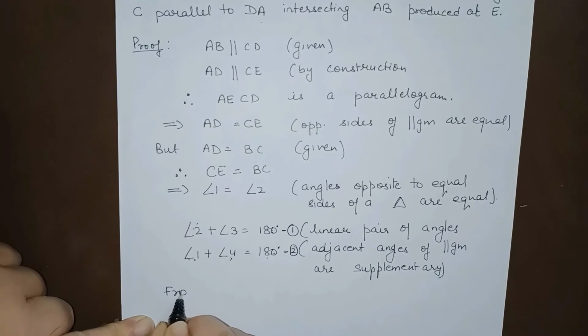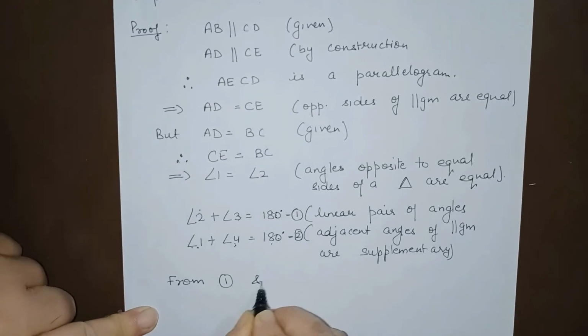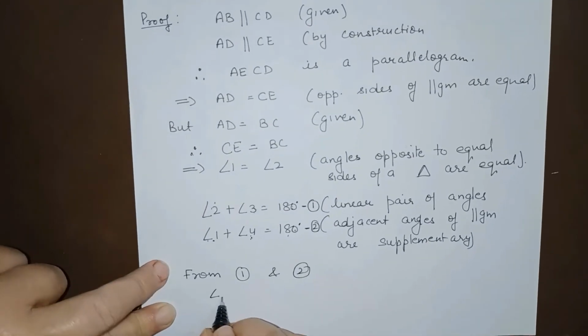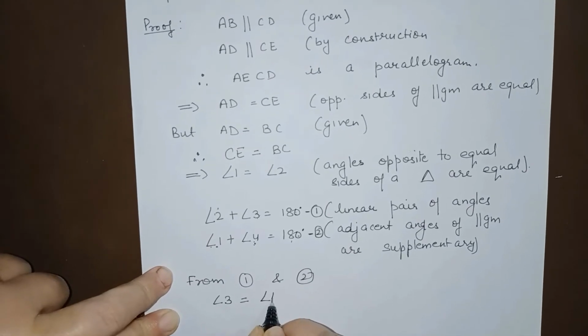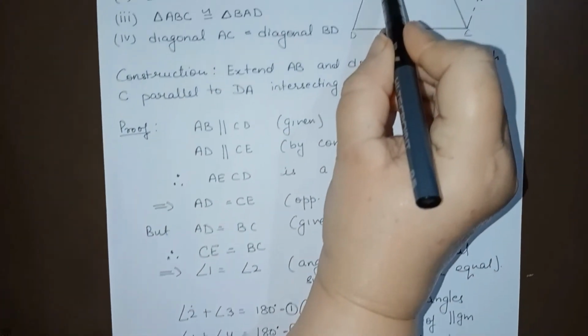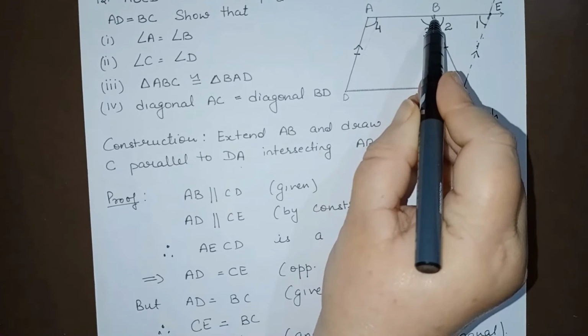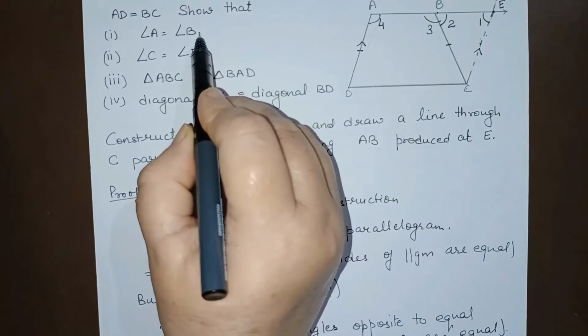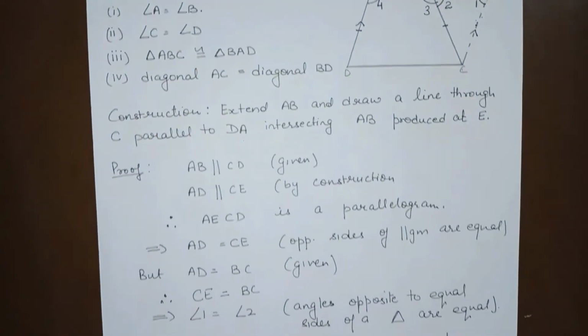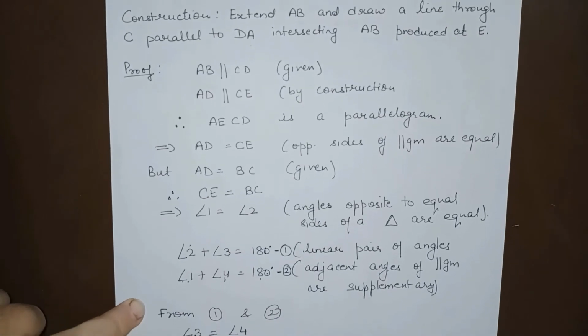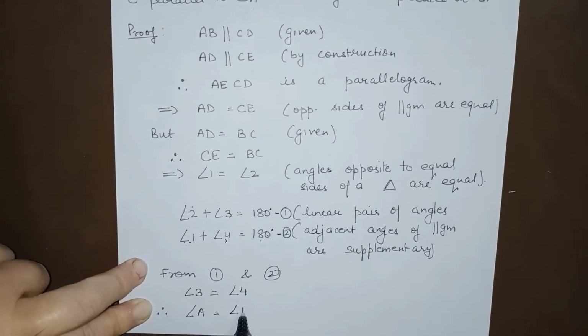So from 1 and 2, angle 3 equals angle 4. But 3 and 4 are nothing but angle A and angle B. So this is the first part that we have to prove. Therefore we have angle A equals angle B.